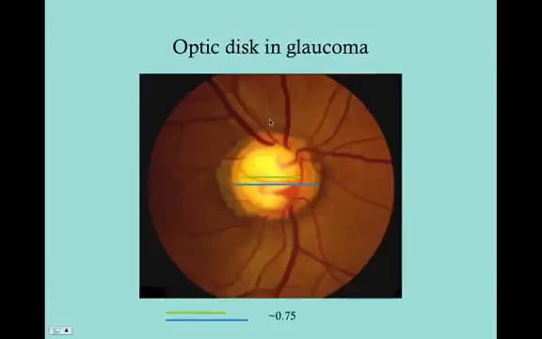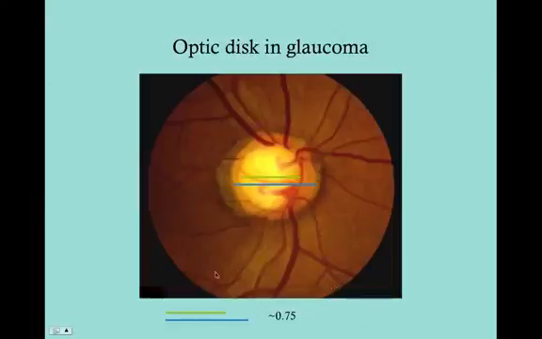Okay, so this is an optic disc in glaucoma. You can see the disc here and the cup. This is 0.75, obviously much greater than 0.3, 0.5. Technically, an elevated cup disc ratio is more than 0.3, but in glaucoma, you're usually going to see a cup disc ratio of more than 0.5.